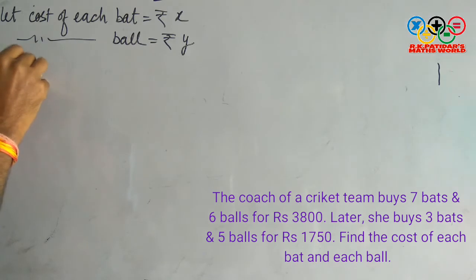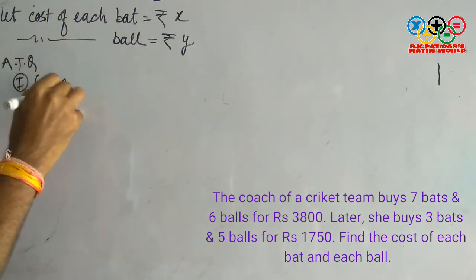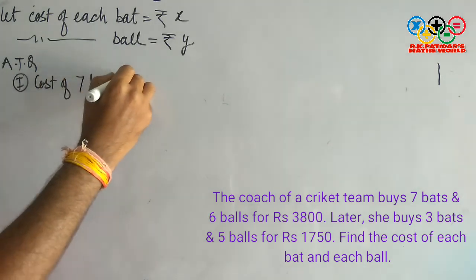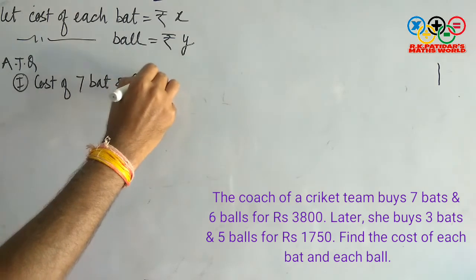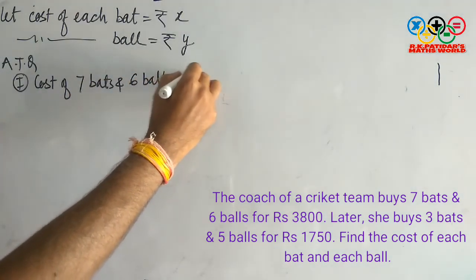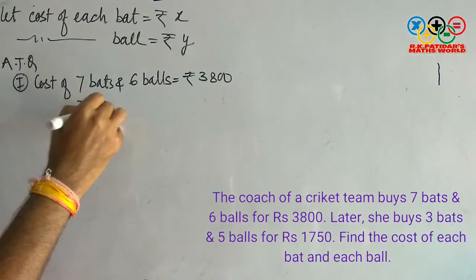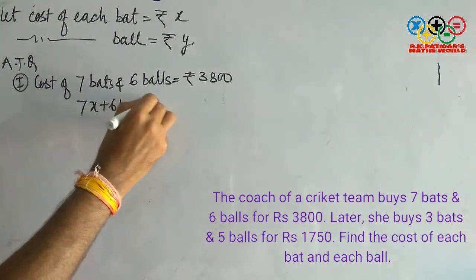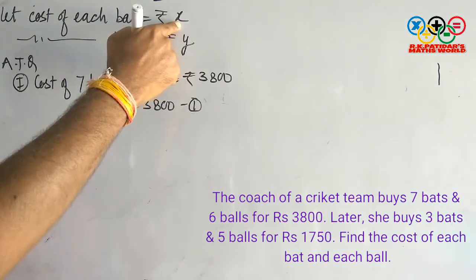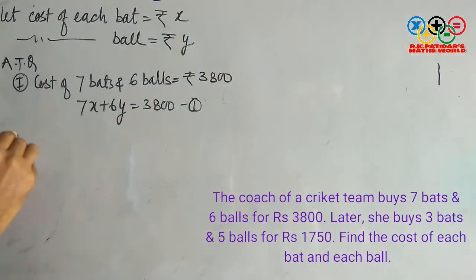According to the question, the first condition is: cost of 7 bats and 6 balls is equal to rupees 3,800. Means it is 7x plus 6y is equal to 3,800. One bat की cost rupees x थी तो 7x हो जाएगी, 6y हो जाएगी.